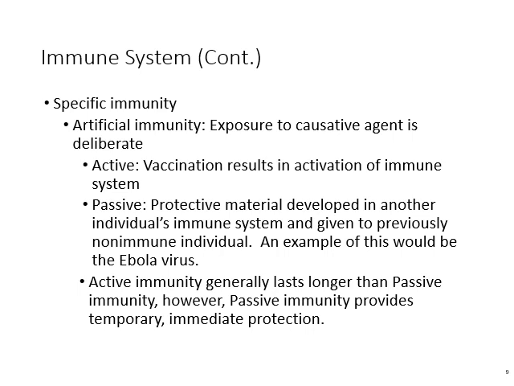However, passive immunity provides temporary, immediate protection. So if you thought you might be exposed to the Ebola virus, if you have the antibody created by somebody else injected into your body, you will be passively immune. But remember, it's only temporary.